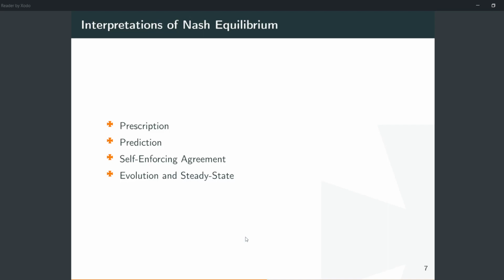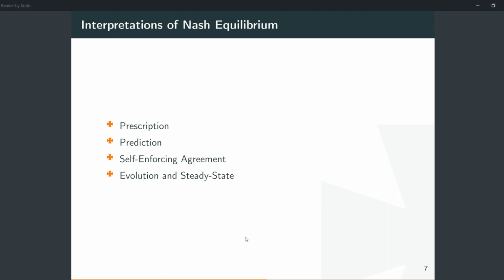So the formal definition is okay, but how can we interpret this Nash equilibrium? And here is the interesting part. One way is like a prescription. That means there is an advisor or a consultant that is advising all the N players how they should logically play this game.